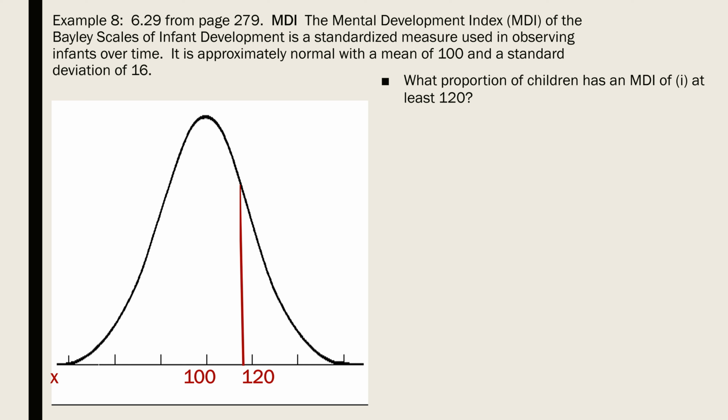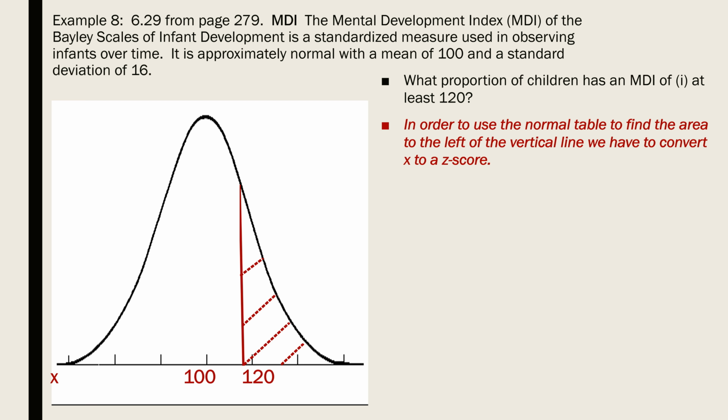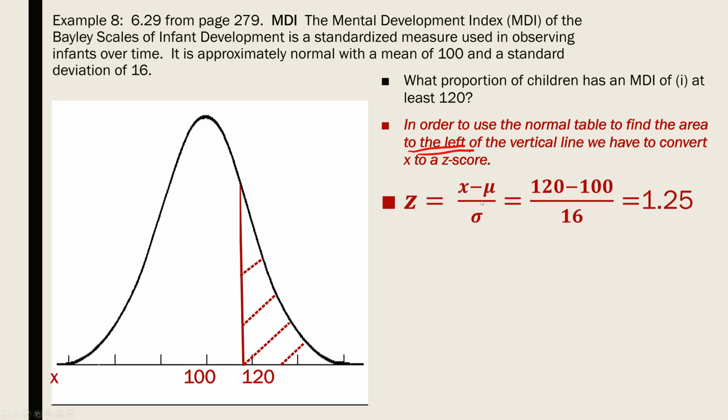Because we are interested in at least 120, the right part will be the shaded area. In order to use the normal table to find the area to the left, we have to convert x to a z-score. Again, this calculation is exactly what we did in previous examples.